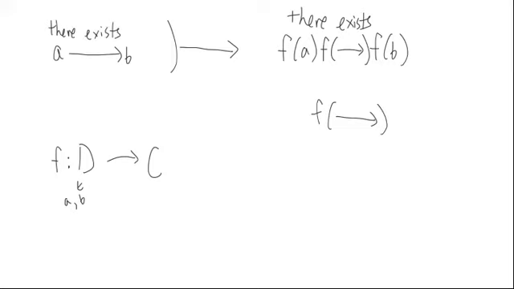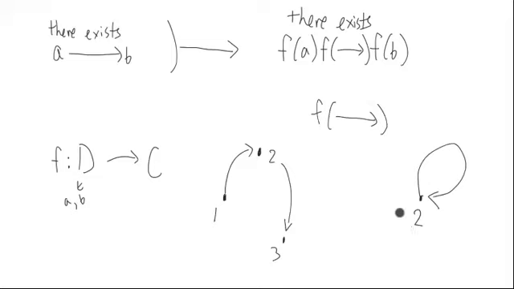Okay. For instance, what if we had D as being something like this: 1, 2, 3, and maybe C looks like this, and maybe make this 2 or something like that. So, well, naturally, what if we send 1 and 2 and 3 all to 2, and let's send this arrow and that arrow to that arrow, so every arrow has an image.